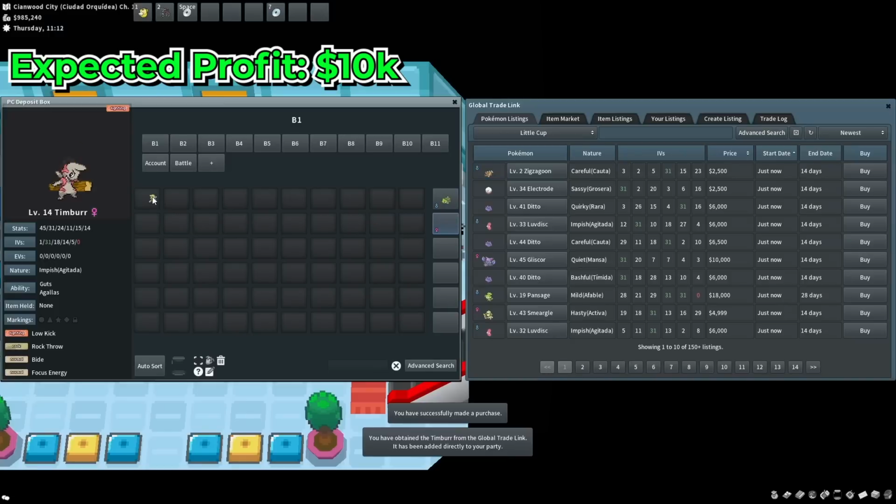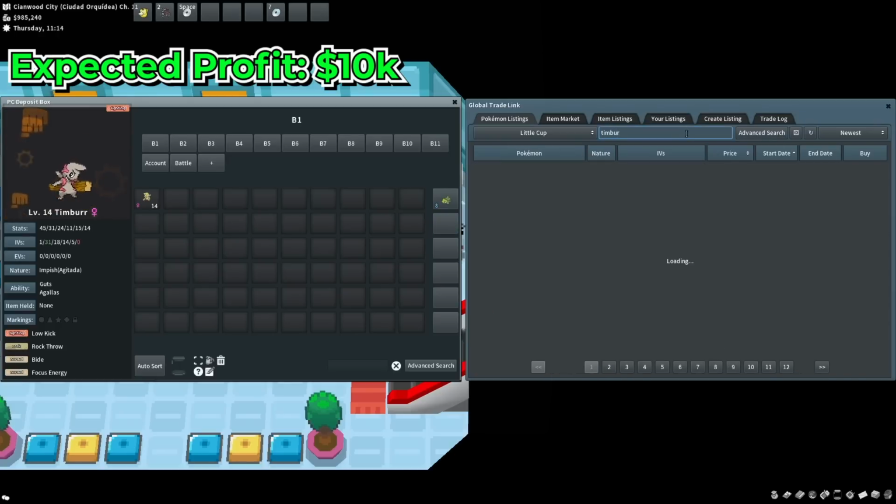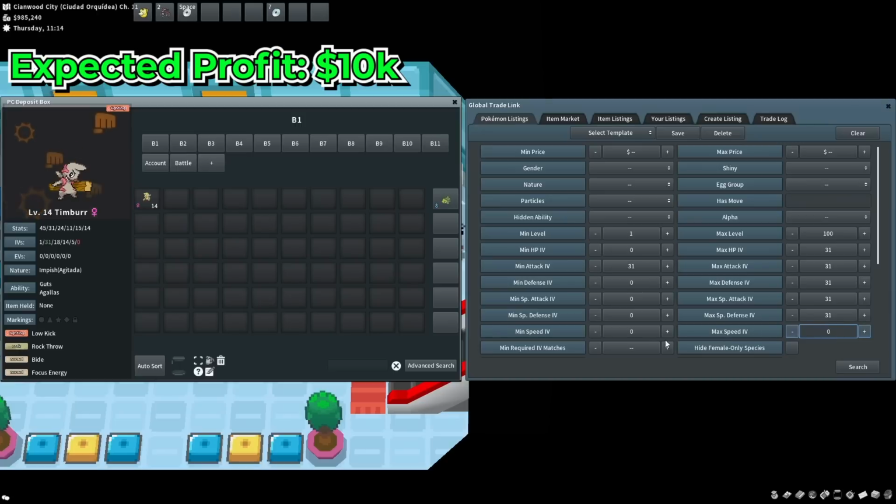Here we have a Timber with 31 in attack and 0 in speed. It can be good because Timber is used as Conkeldurr in PvP, and it has usage for Brave Nature, which uses both of the stats, but I don't know if I will be able to sell for both of them. So let's clear this like this.